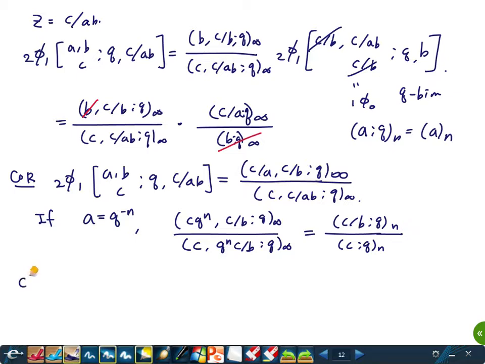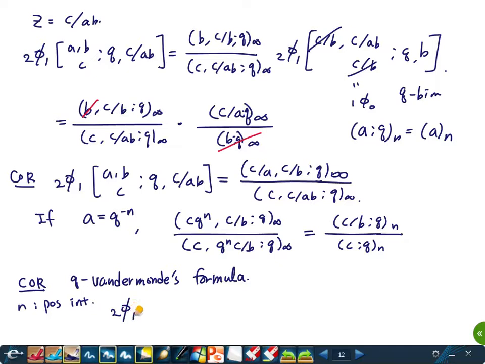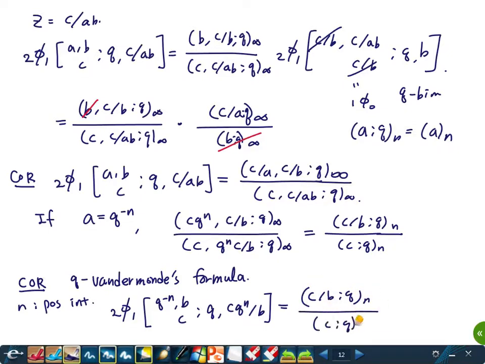So this is called q-Vandermonde's formula. Here n is a positive integer. So if you have (q^-n, B; C), I just replaced A by q to the minus n. And here this becomes (C/B; q)_n over (C; q)_n.